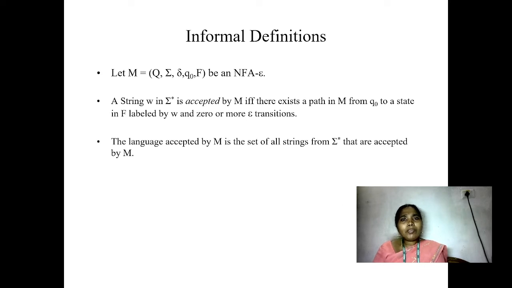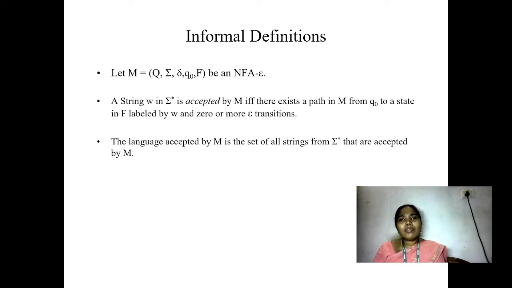Now, having seen the formal definition of NFA with epsilon moves, let us see the informal definition. M is an NFA with epsilon, a 5-tuple Q, sigma, delta, Q naught, F. A string w in sigma star is accepted by the finite automata M if and only if there exists a path in M from Q0 to a state in F labeled by w and 0 or more epsilon transitions.